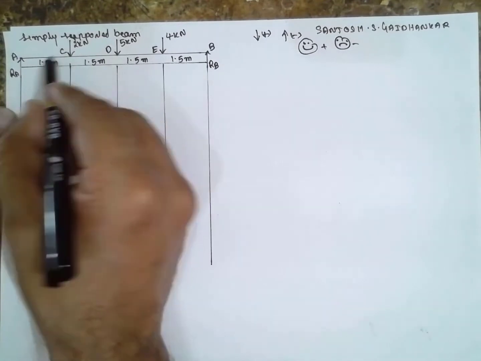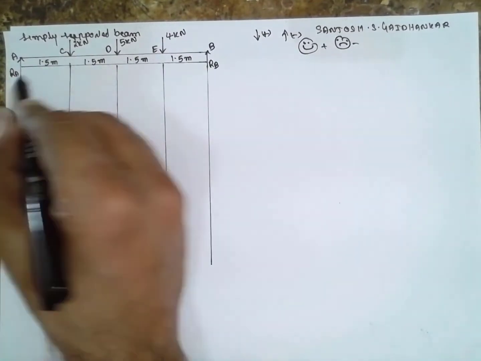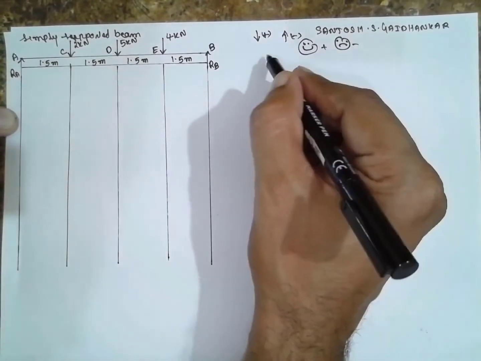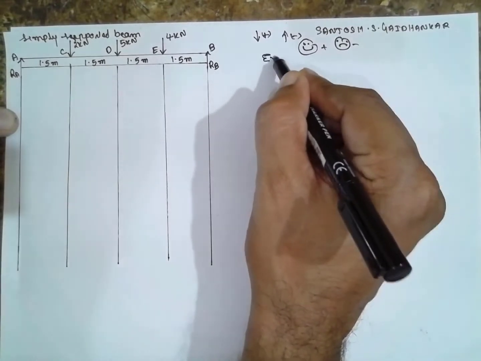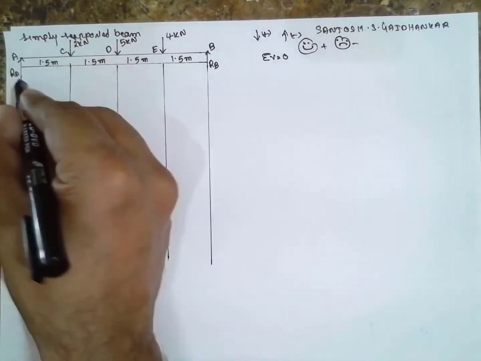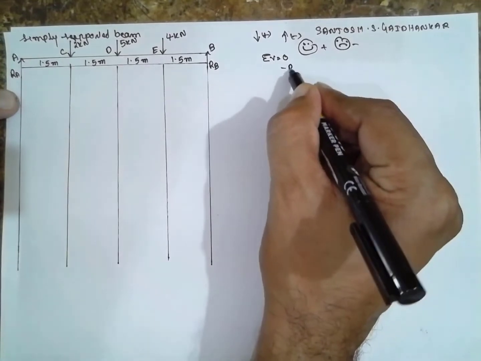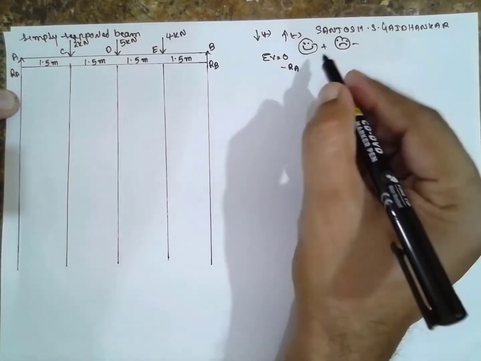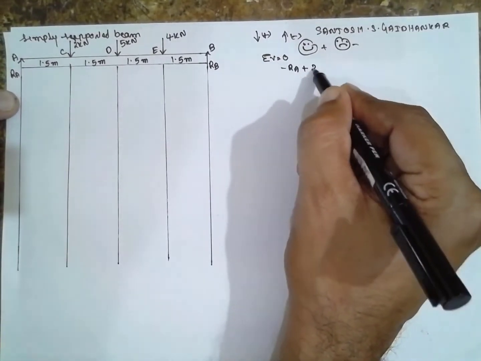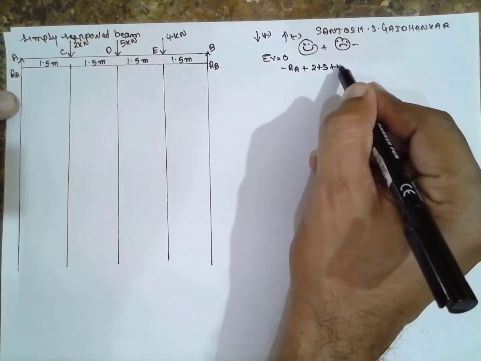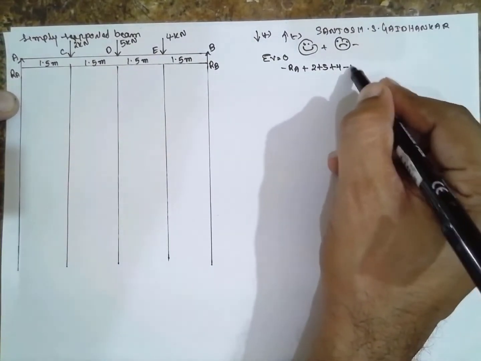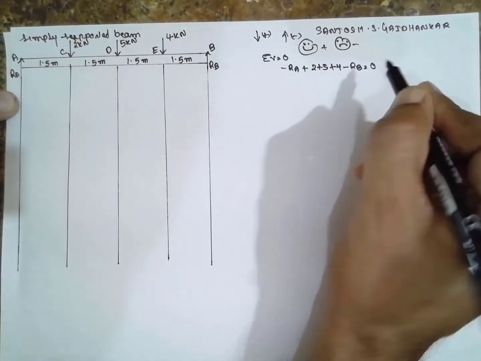Now here we have to find the reactions RA and RB. Therefore I will go for summation of vertical forces equal to 0. Minus RA plus 2 plus 5 plus 4 minus RB is equal to 0.